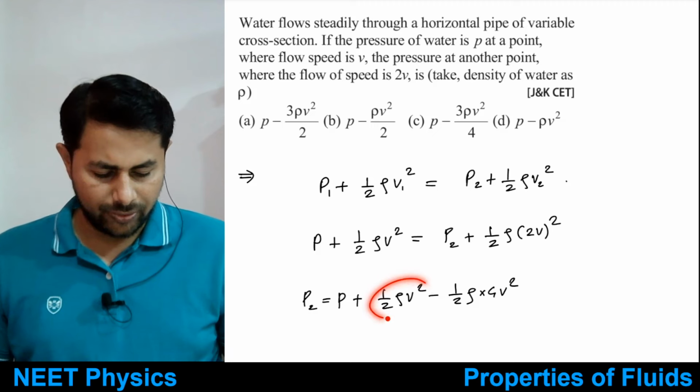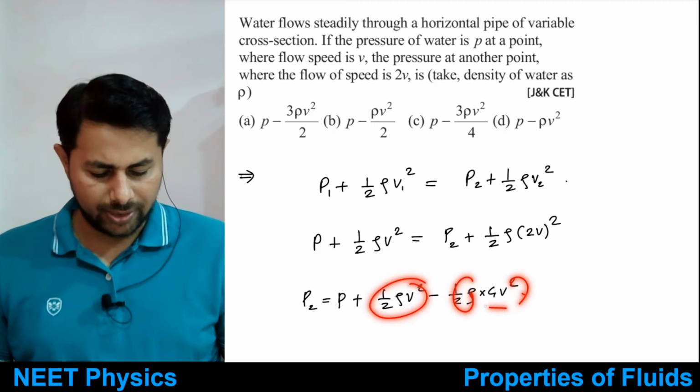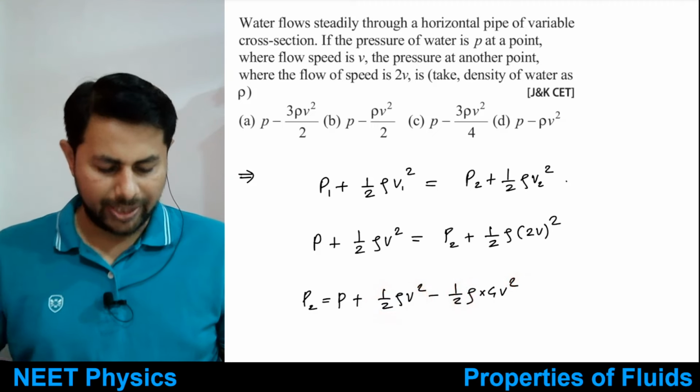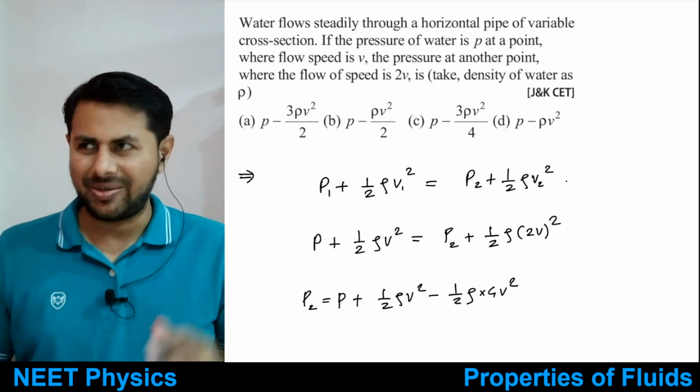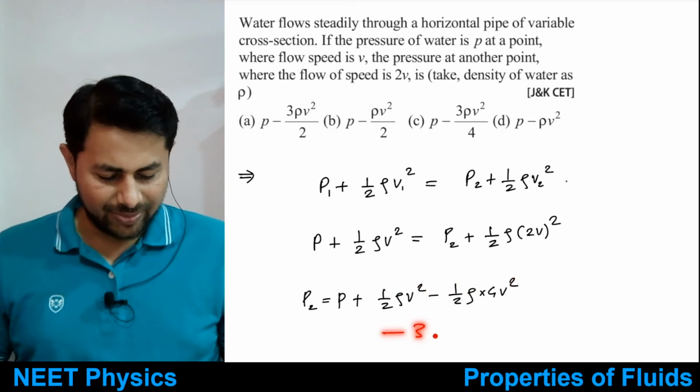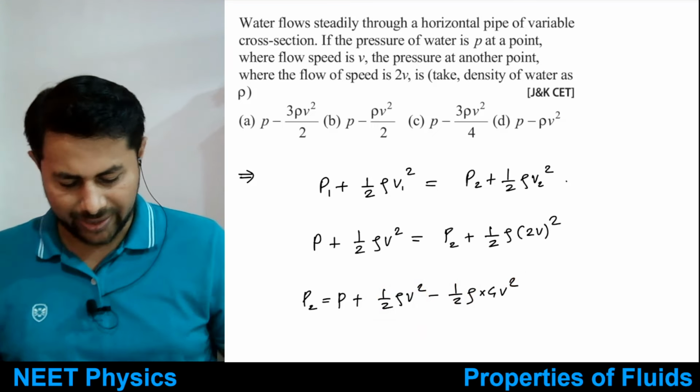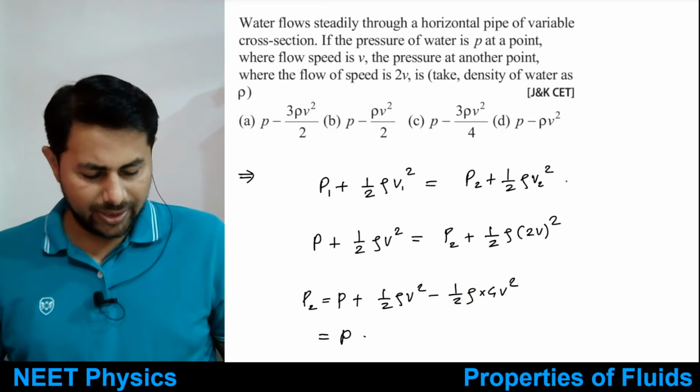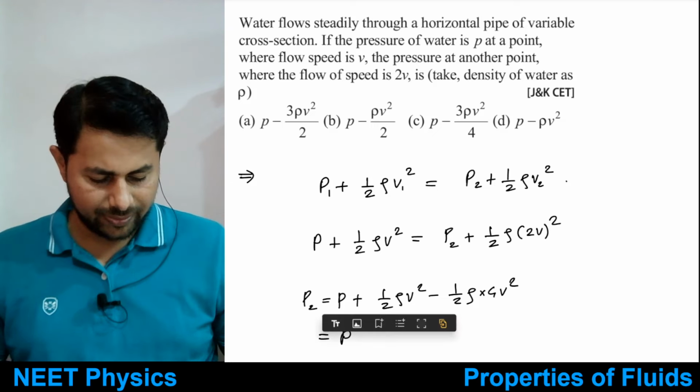So rho V square you can take common, then 1 minus 4 is minus 3.